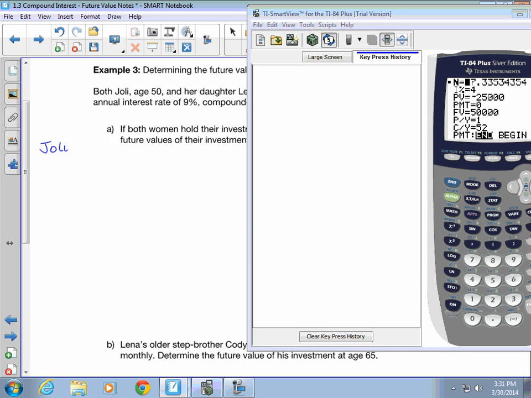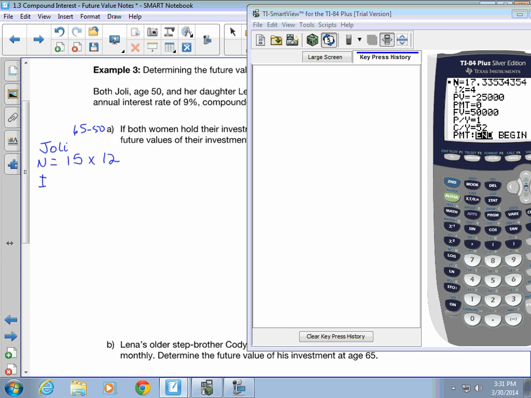So this is Jolie. Her N is going to be 15 years, because that was 65 minus 50, so 15 times compounded, and it says that this is being compounded monthly.